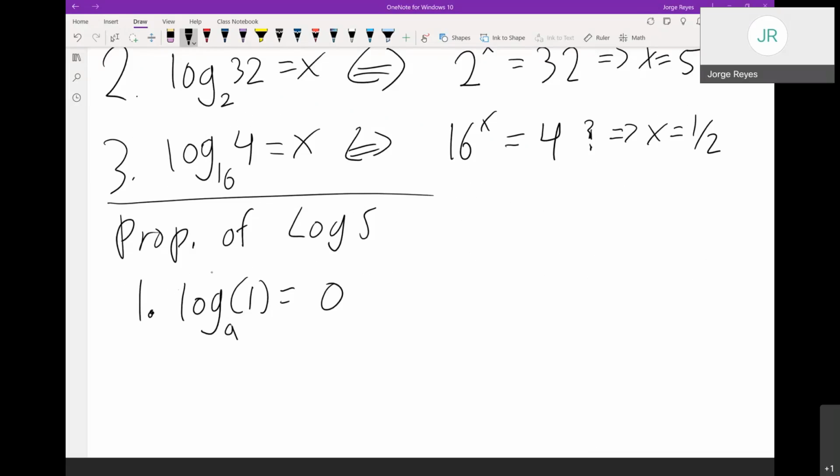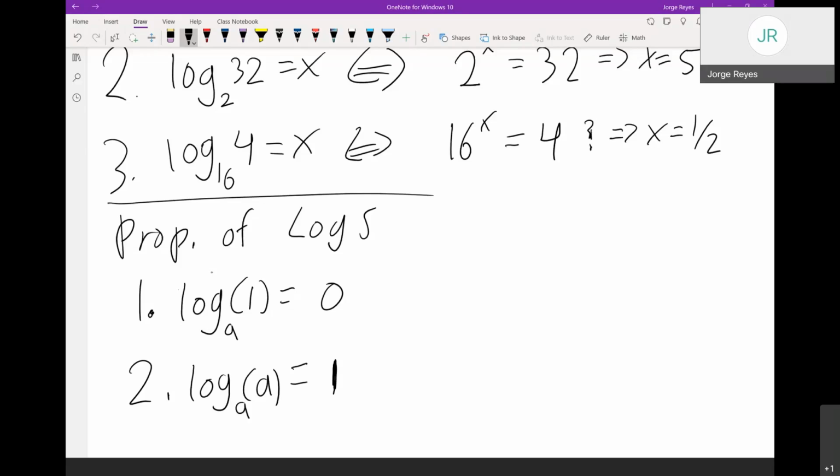So 1 is like the 0 of log, always. The second happens when you match. If you have log base a of a, when you get matching things, the answer is 1.